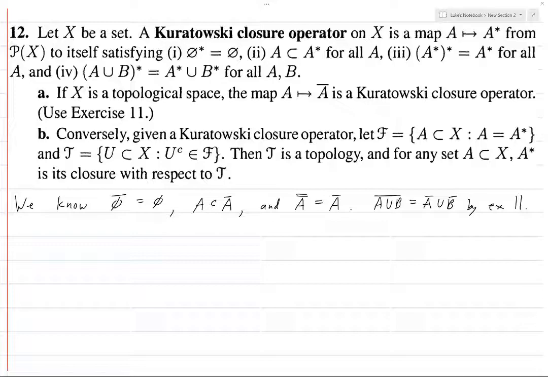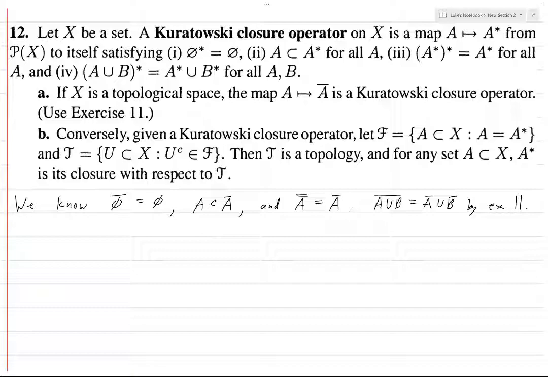But yeah, it's interesting. So basically, the idea here is, given a Kuratowski closure operator, we're going to let F be the set of all subsets of X which are equal to their closures. And when I say closure here, I mean A equals A star, where star is this Kuratowski closure operator.